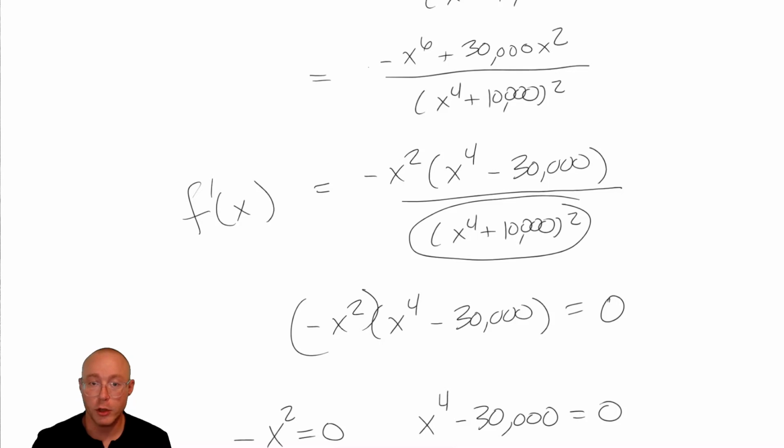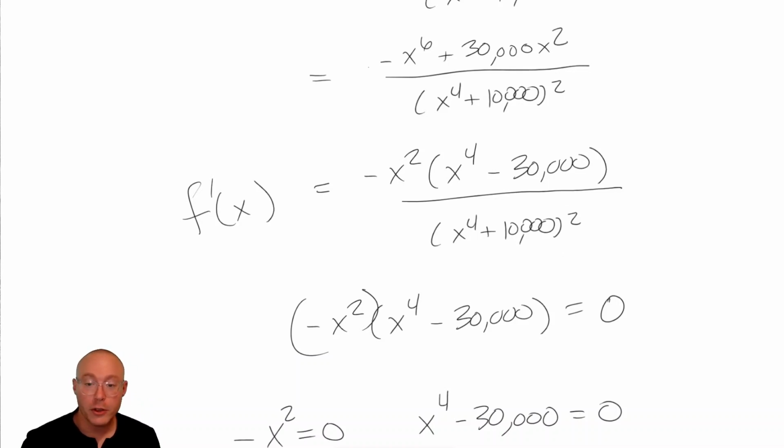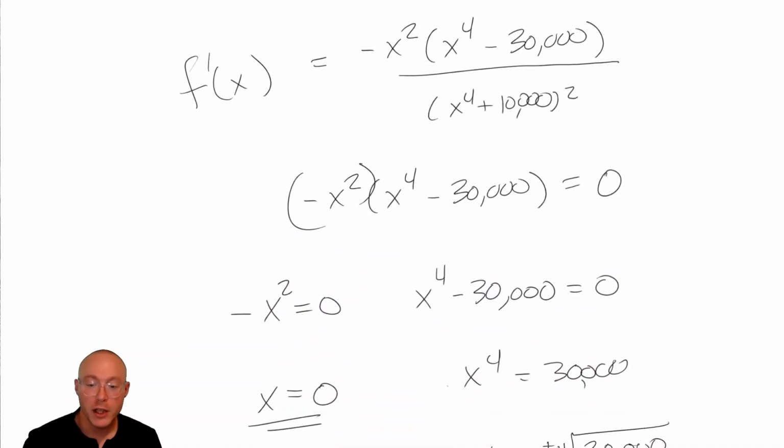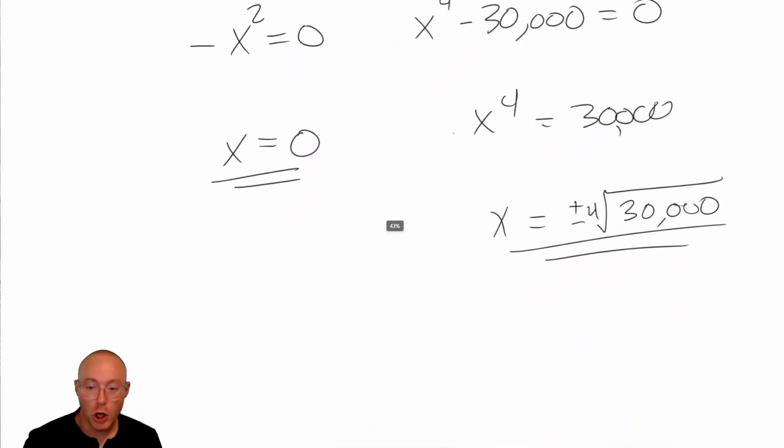This could also be a critical point. However, if you just look at that quickly, we have x to the fourth plus 10,000 squared. So no matter what number you plug in for x, positive or negative, you're going to end up with a positive value. So there's really no way for the denominator to equal 0, which means there's no way for the function to be undefined. So these three values are our critical values.